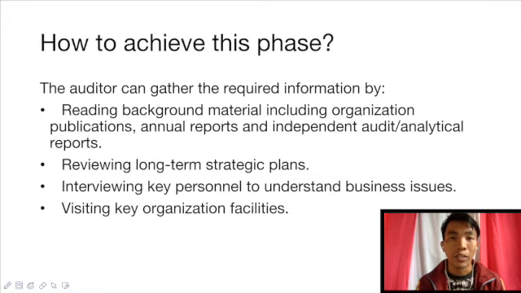So how are you going to achieve phase 1? You may not be an auditor in this context, but you may be a principal investigator so that you'll be able to understand or gather the required information.